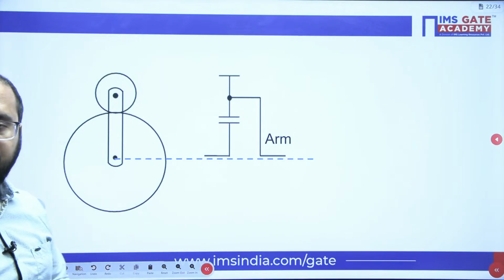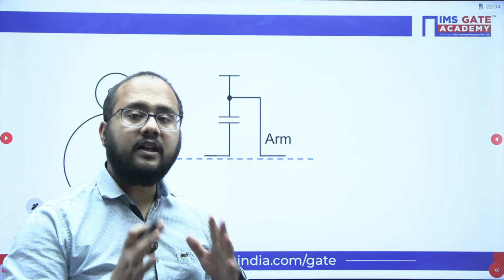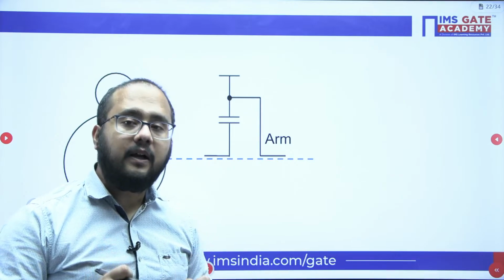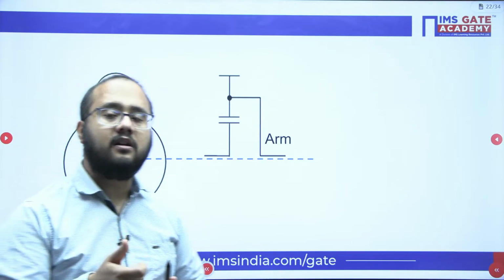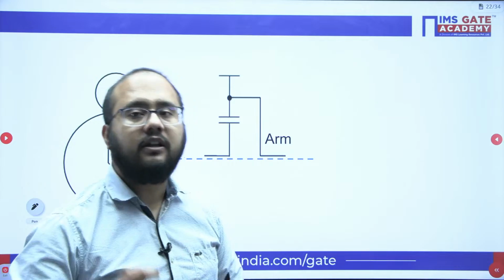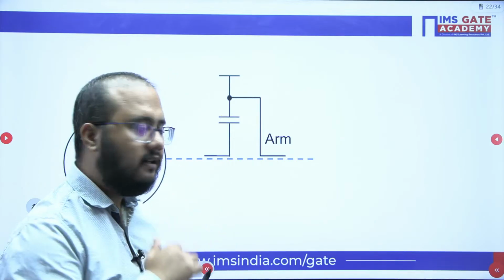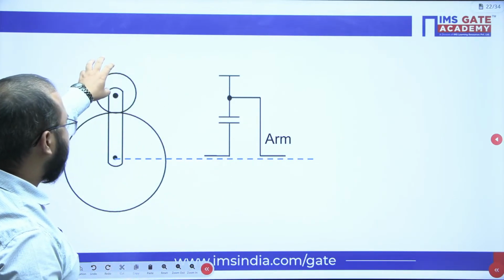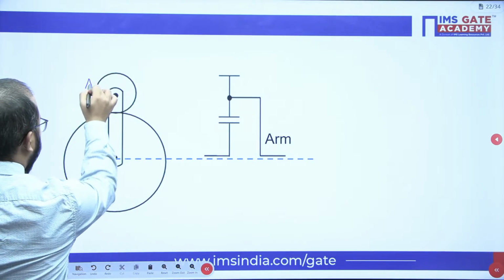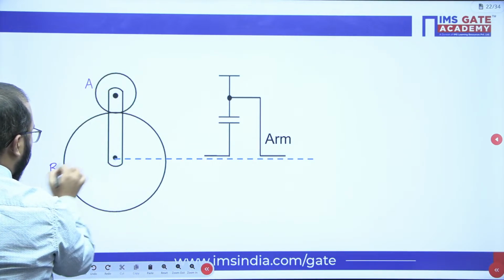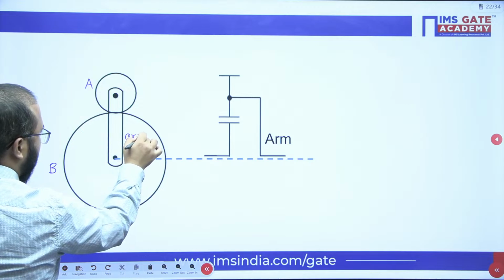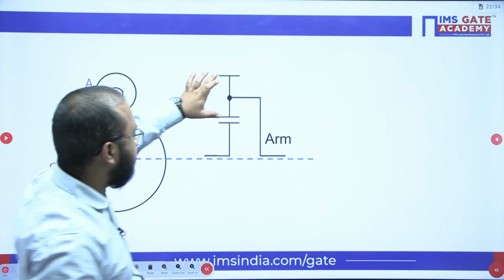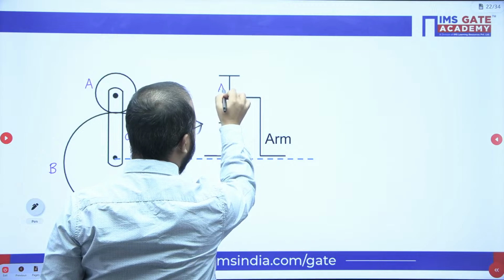Now from the given line diagram you should be able to understand which gears are in meshing, how many gears are there and how they are represented. Let's suppose this is gear A, this is gear B, and this is the arm.